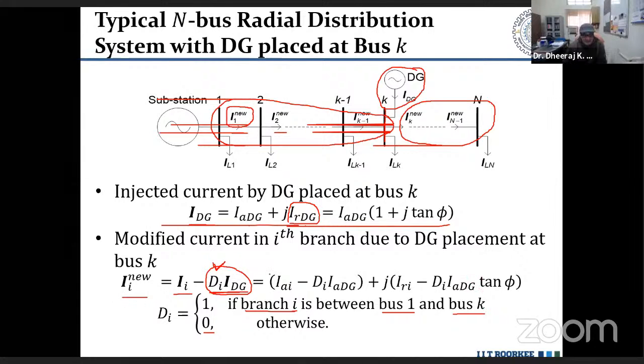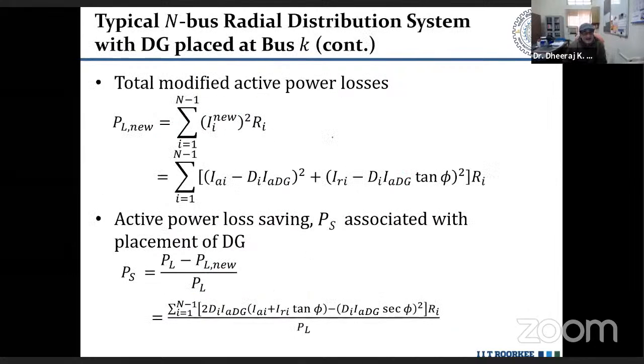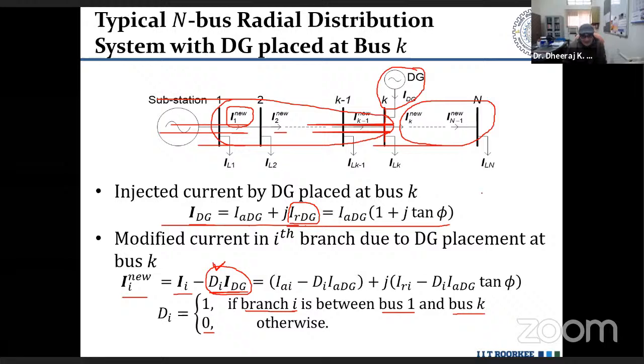Now we can compute the losses in the modified network. For that purpose, we take the square of the new branch current multiplied by the corresponding resistance. We can substitute the value of I new in terms of the active component and reactive component, which we got from here.